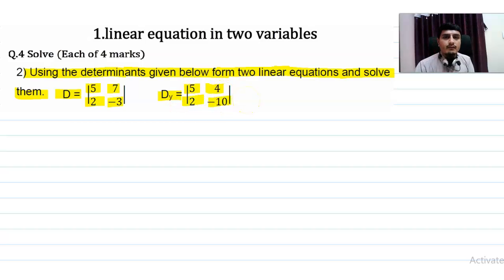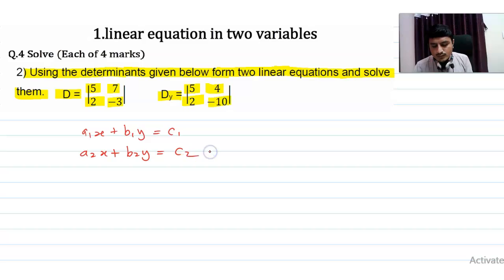So once we have the equations of the form a1x plus b1y equals c1, and a2x plus b2y equals c2, then for the value of D, we have the coefficients of x and y from the first and the second equation. a1 b1 are the coefficients of x and y from equation 1 and a2 b2 are the coefficients of x and y from equation 2. So the second row of D is a2 b2.